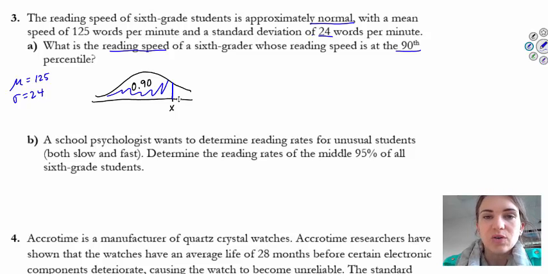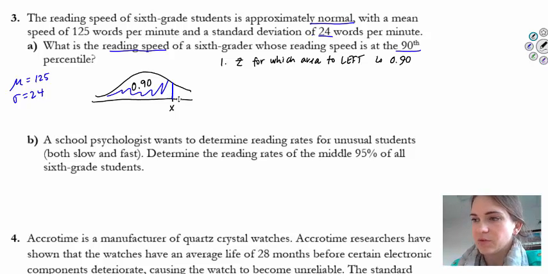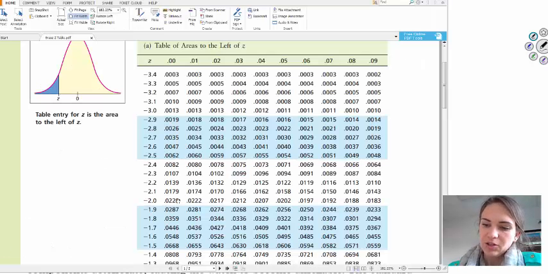So to answer this question, we need to find the z value for which 90% of the area is to the left. So find z for which the area to the left is 0.90. We'll go back to the table and look inside here.